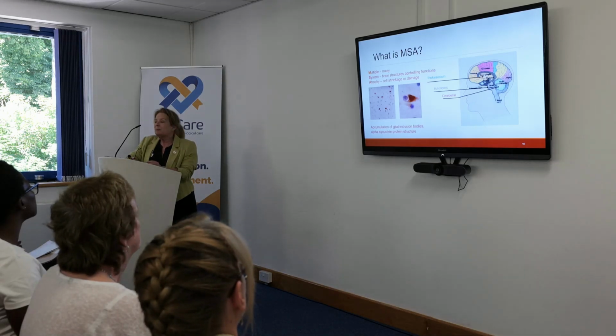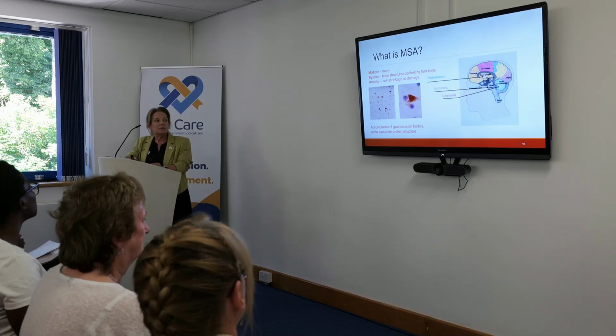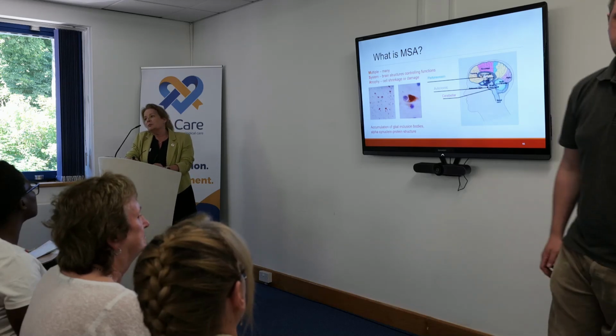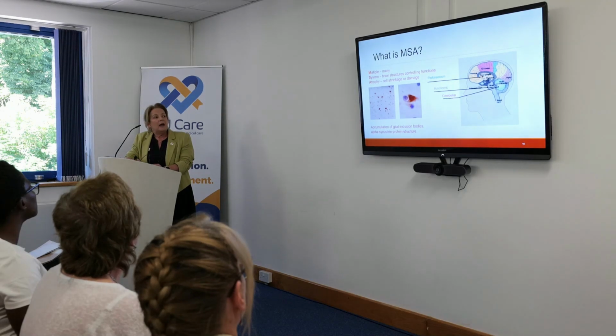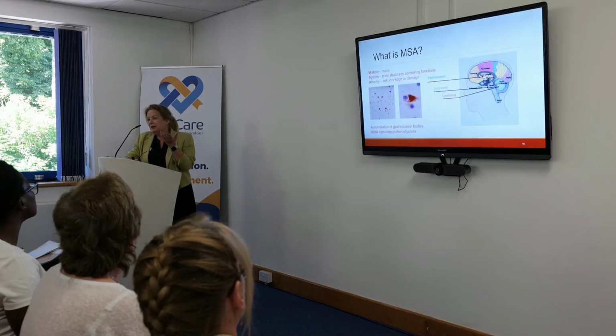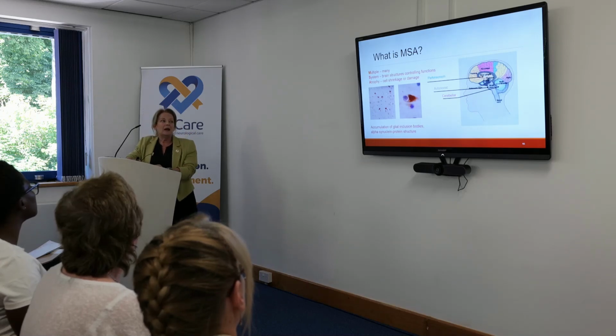And patients will first present with either Parkinsonism features. It will affect the basal ganglia, which of course produces the dopamine, and we will see those early signs of Parkinsonism. Then we'll see in your patient the stiffness, slowness of movement, or they may present with cerebellar symptoms, and that will be more the coordination and reduced dexterity of movement.